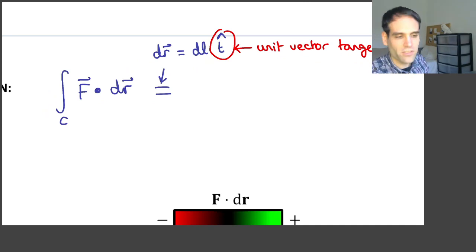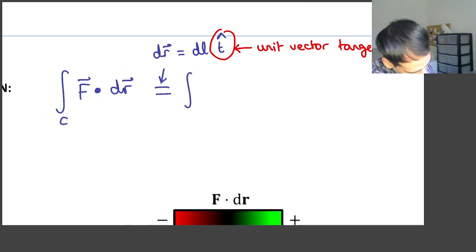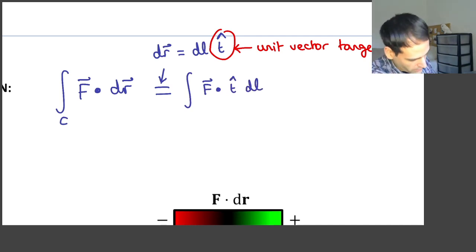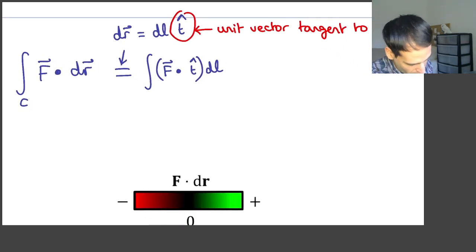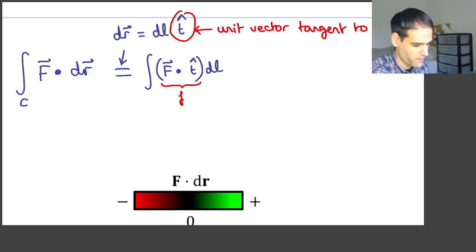So if we do this substitution here, our integral is actually doing F dot t hat times dl. And if we write a parenthesis here, this is nice because now this dot product will be a scalar function which we could call f, little f.